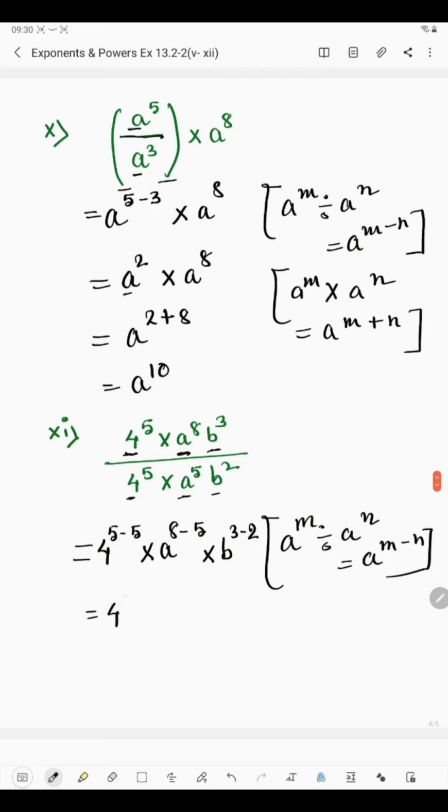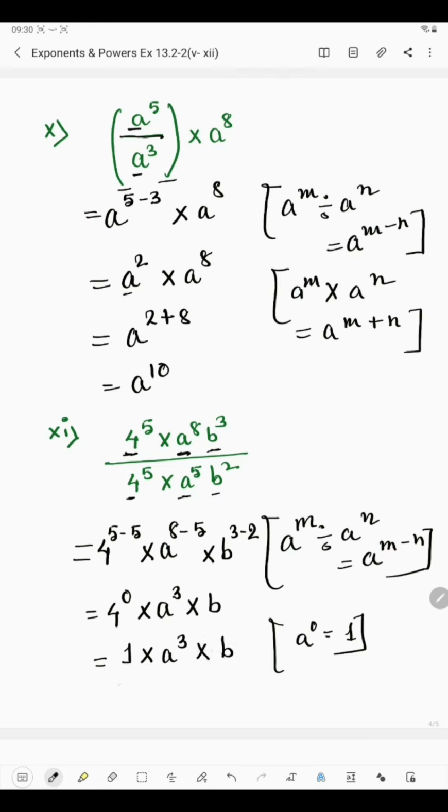So 5 minus 5 is 0, multiplied by a to the power 8 minus 5 is 3, multiplied by b, because 3 minus 2 is 1, b to the power 1, and b is the same only. So now anything to the power 0 is 1, so 4 to the power 0 will be 1 into a to the power 3 into b. Now when you multiply this, since 1 is there, we'll get the same number, so it will be a cube b. Okay, so this was the answer of the 11th part.